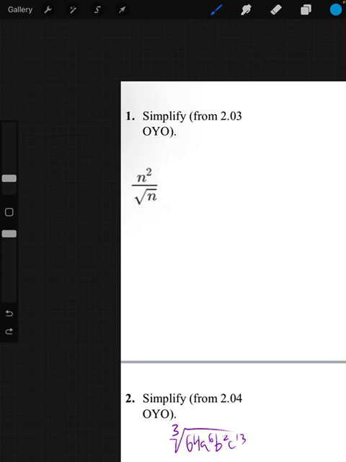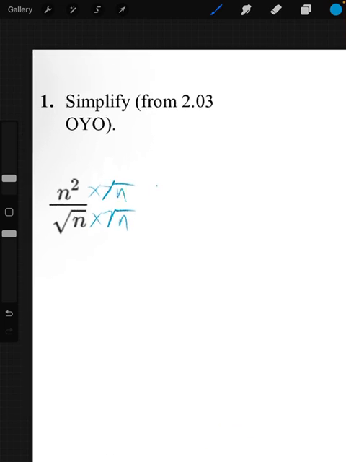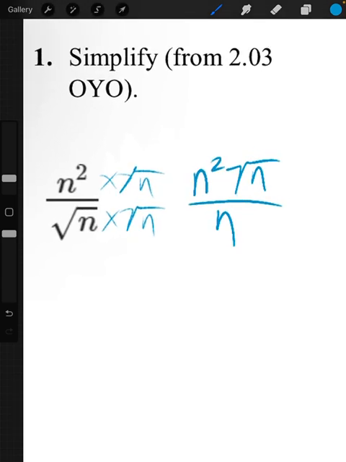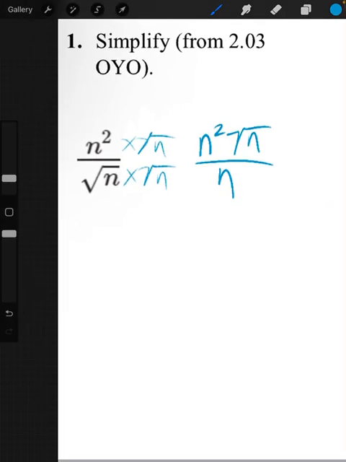We can't have a square root on the bottom of a division problem. That's not allowed. So let's multiply the top and the bottom by the square root of n. So then we have n to the power of 2 times the square root of n, and on the bottom we have regular n, because when you multiply a square root by itself, you're basically squaring it, which is the opposite of square root, so you just get what's inside the square root.